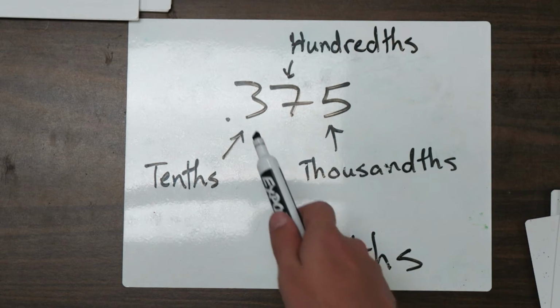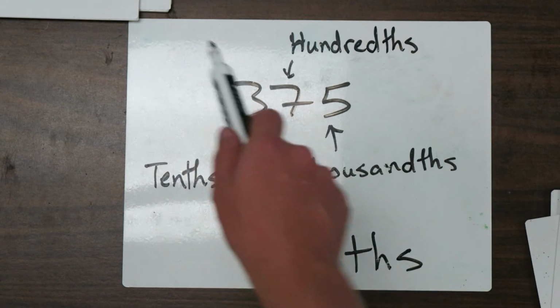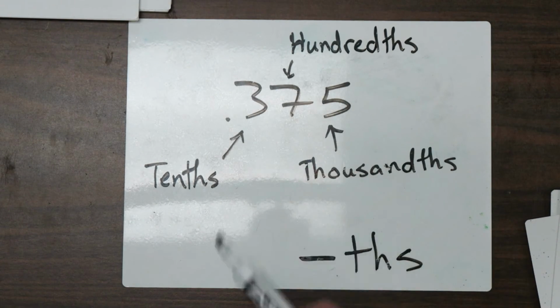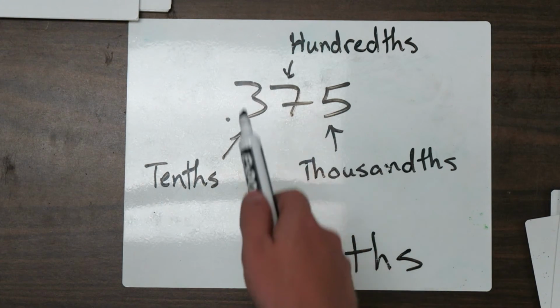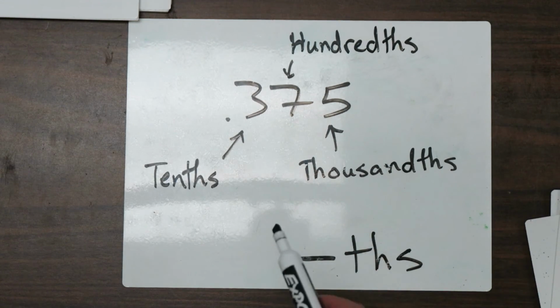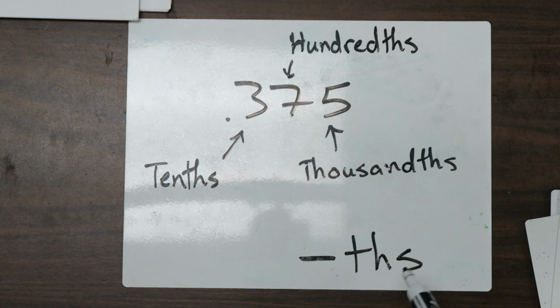I want to point out though that now that we're on the other side of the decimal point, we're no longer talking about whole numbers, we're talking about decimal numbers that have a value less than 1. This place value right next to the decimal is the tenths place, the next one is the hundredths place, next is the thousandths place. Really, the thing to remember here is that each of these place values is going to end with a "ths."